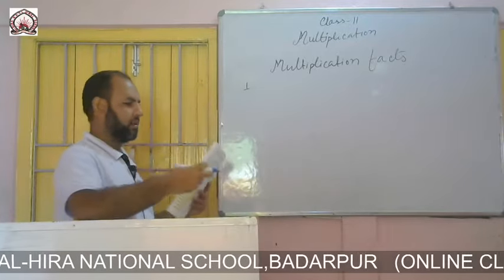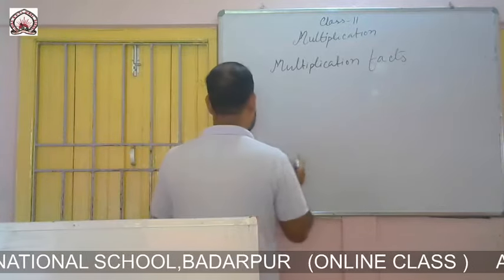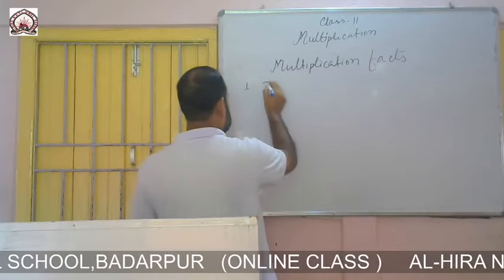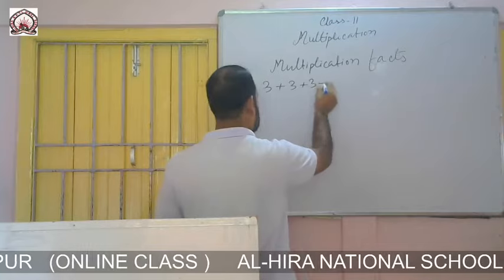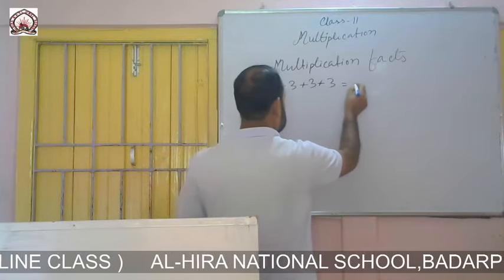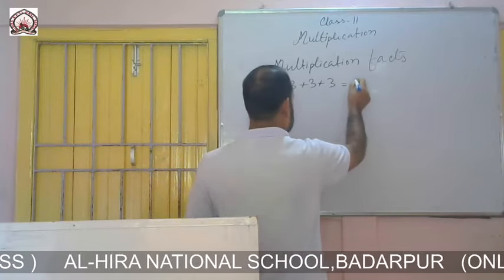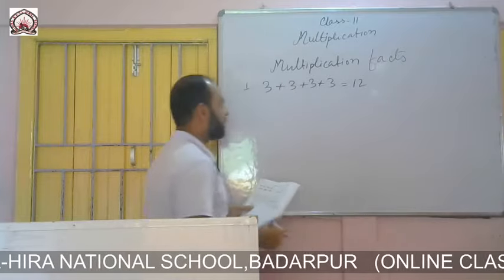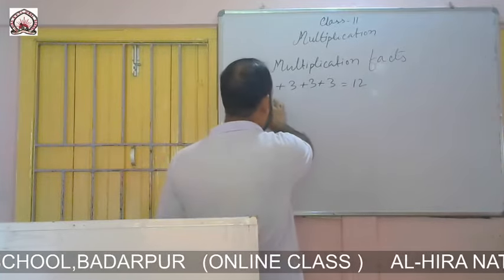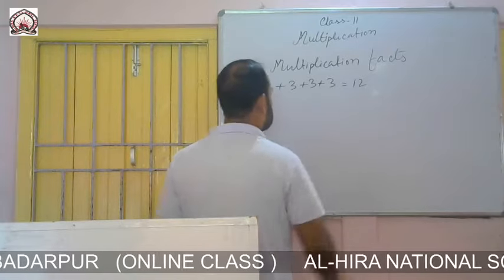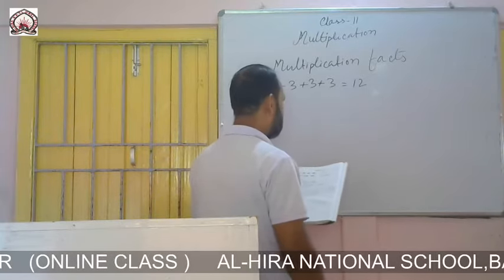Here 3 plus 3 plus 3 plus 3 is equal to 12. So here 3 how many times? 4 times. 3 4 times.